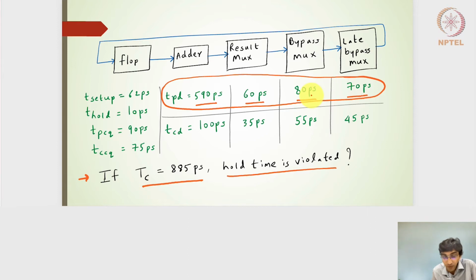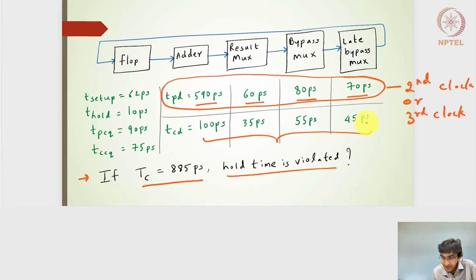So for these steady state values, we need to know whether they are captured in the first clock, the second clock edge or the third clock edge, and then see whether the same applies for the contaminated output also.